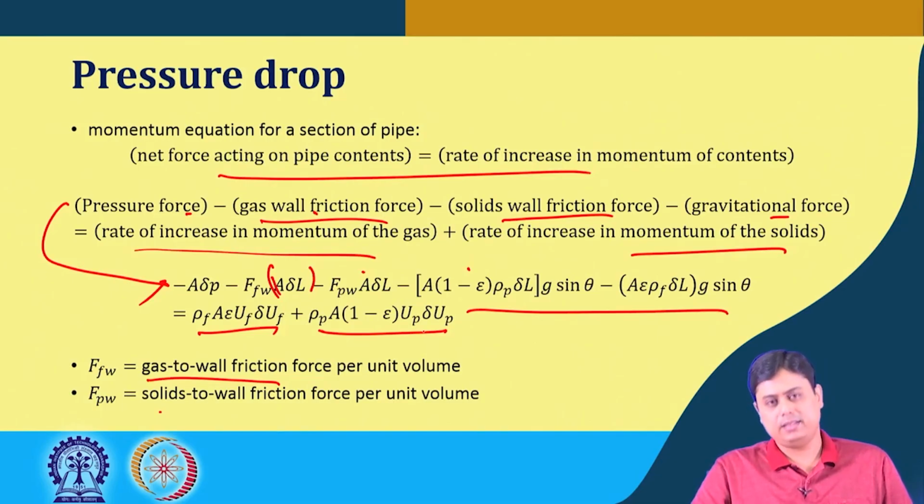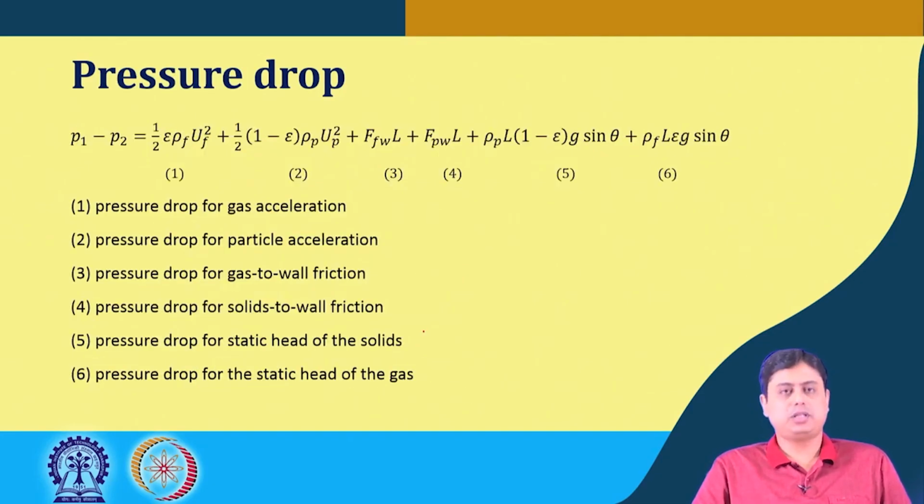Assuming the gas density remains constant and the voidage remains constant, if we integrate this expression, we can find the delta P, or the P2 minus P1, P outlet minus P inlet, and that expression would be this one.